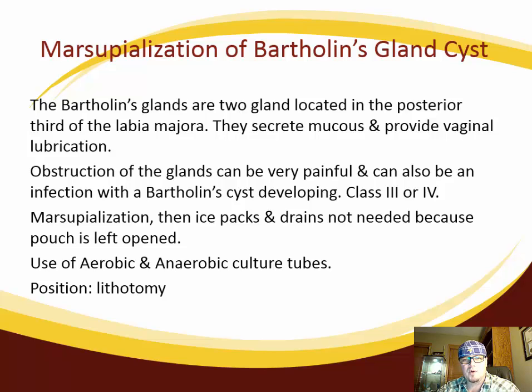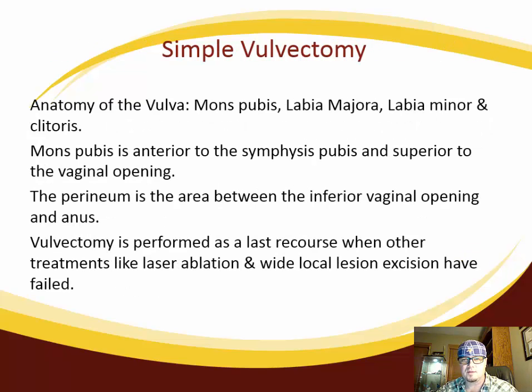A big component of this is the entire cyst needs to be removed and the cavity left open so it can heal. If the cyst is not completely removed, then it has a very high chance of recurring. And that's going to be a class 3, class 4 due to the dirty, infected nature of that cyst.